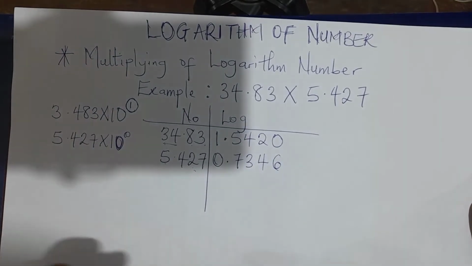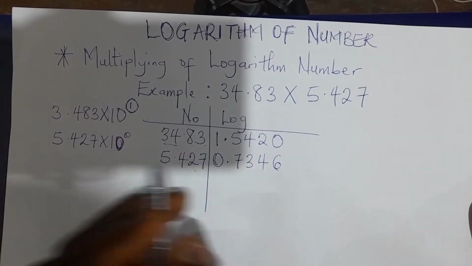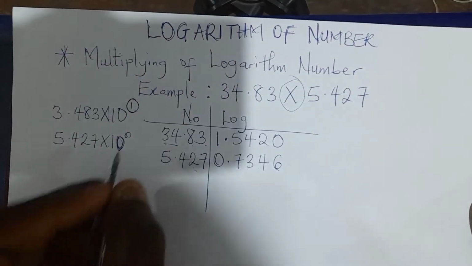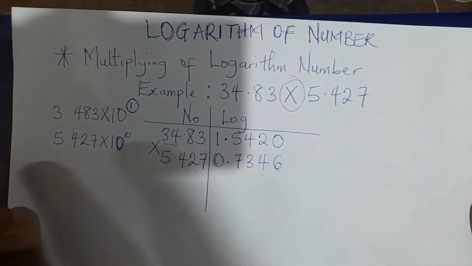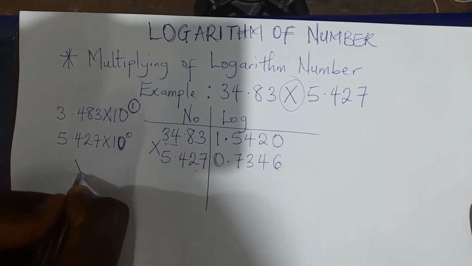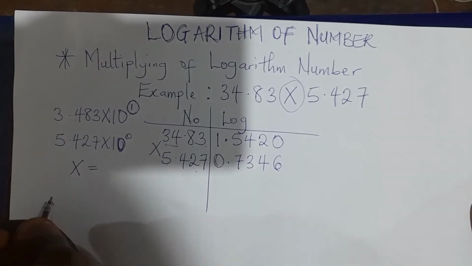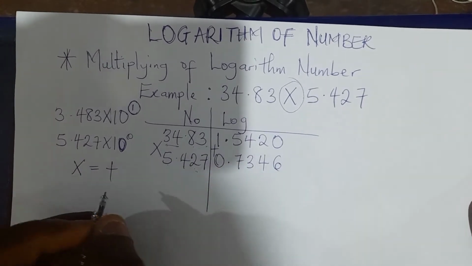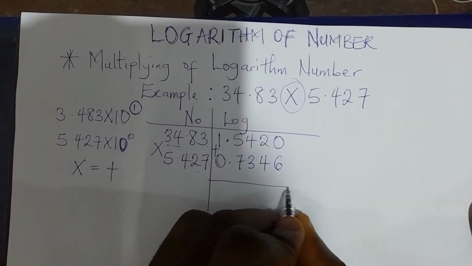Having got the answers to these, which sign joins them? The multiplication sign. I told you earlier that the multiplication sign in logarithm means addition. So we're going to be adding this together.